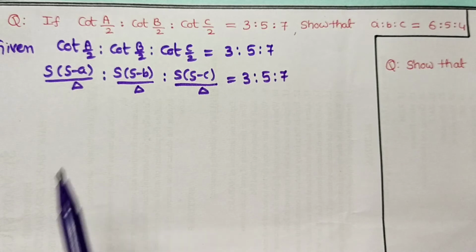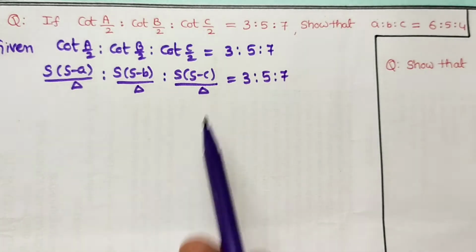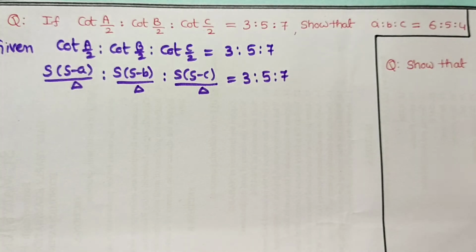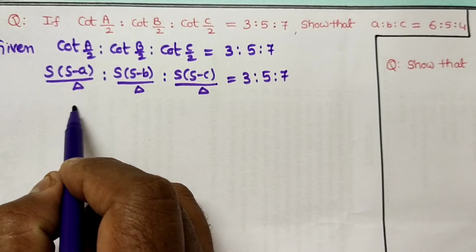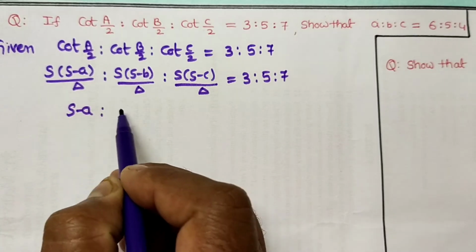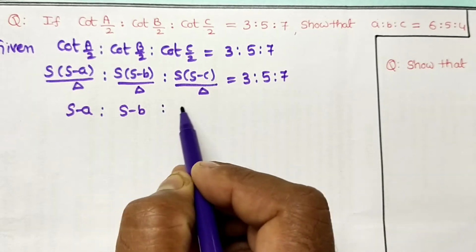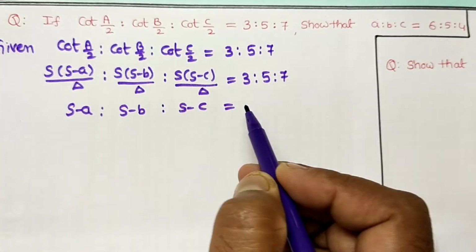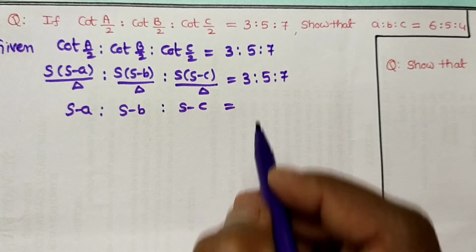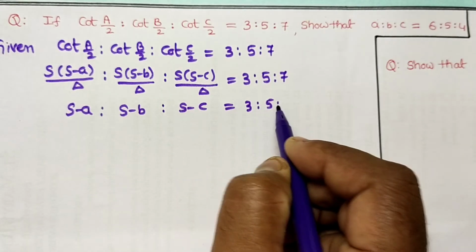By observing in LHS, S by delta is common. We can cancel it. So we get S minus A, S minus B, S minus C. Why? Because they are in ratio. We can do like this. 3:5:7.